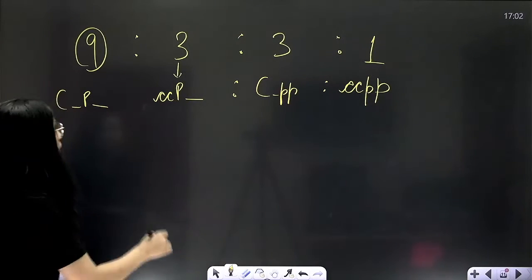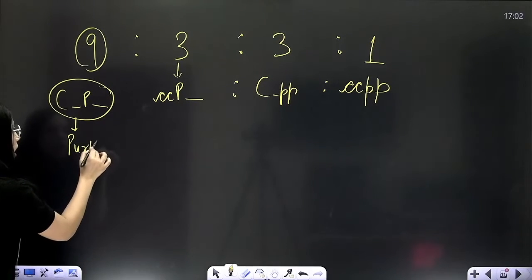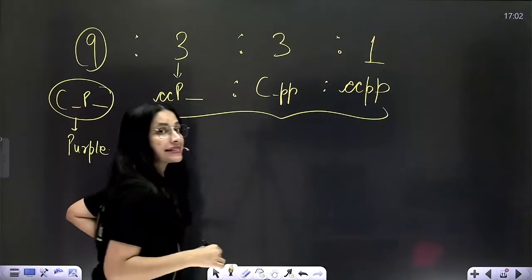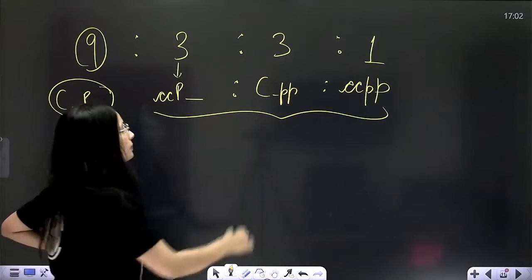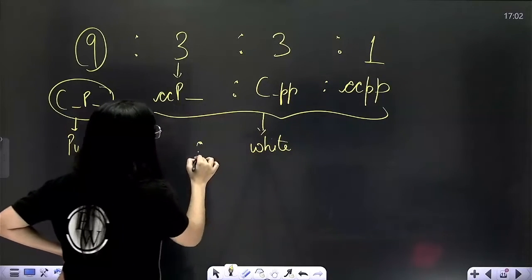Why? Because these 9 will be purple. However, all these remaining 7 types of zygotic combination will produce white color flower. How?